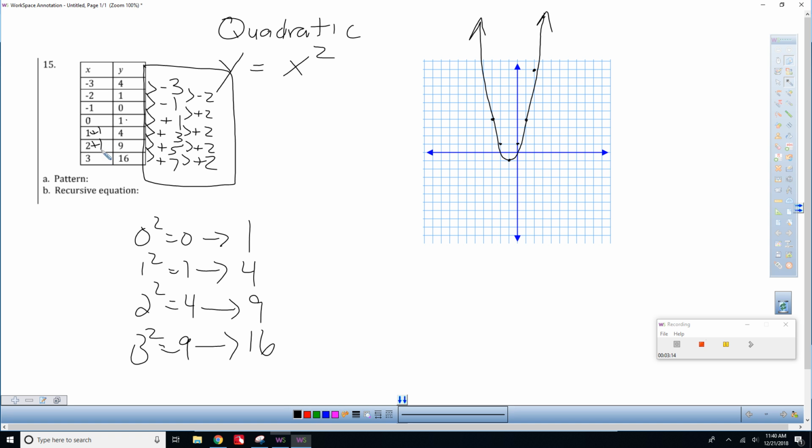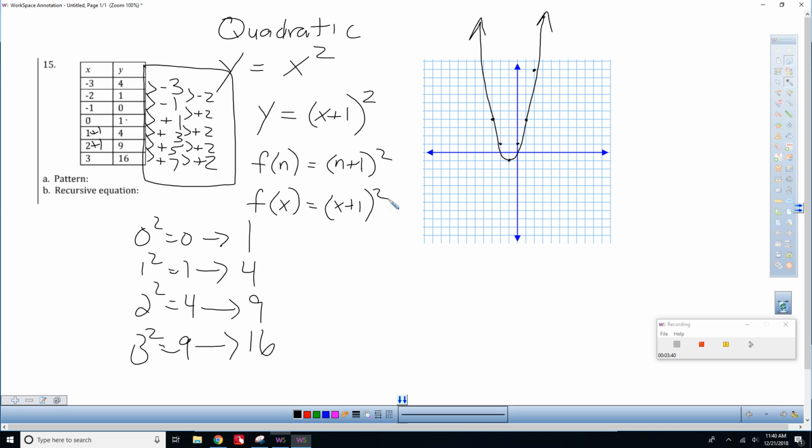What's 3 squared? 9. Got it. So our actual equation here is y equals (x plus 1) squared. Okay? Or you could say f of n is (n plus 1) squared. You could also say f of x is (x plus 1) squared.